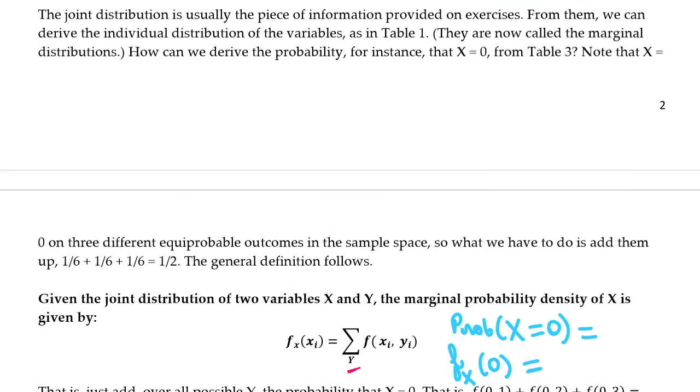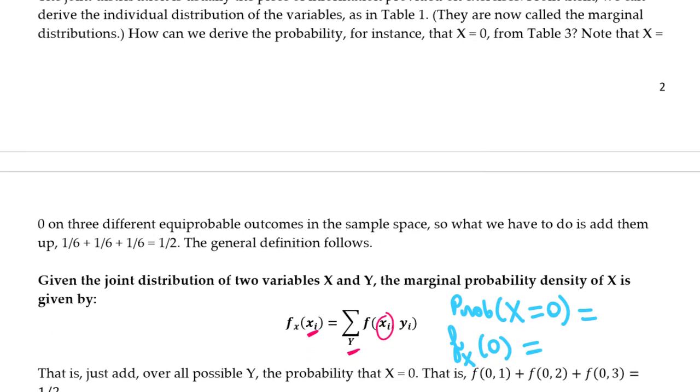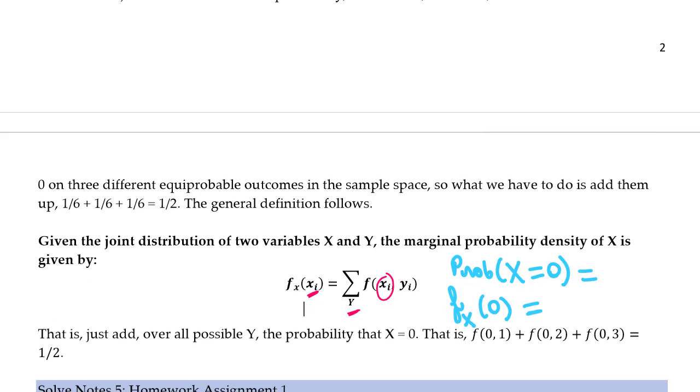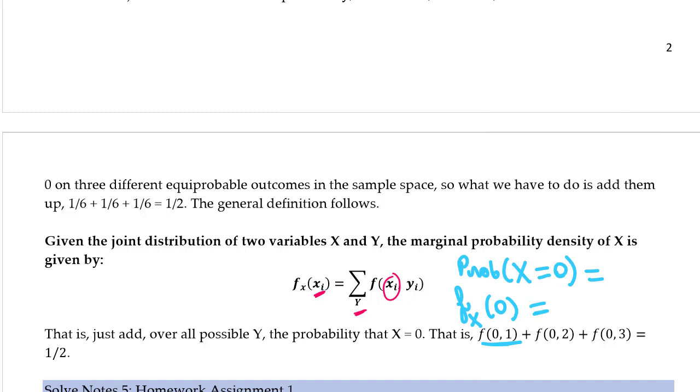I am adding for different y's, keeping my x_i fixed, whatever is here. So in my example, my x_i equals 0. So I'm going to keep 0 fixed, but keep adding the j's. So what we have here is f of 0, 1. That's the first term of the summation. F of 0, 2. That's the second term of the summation. F of 0, 3. That's the third term of the summation. Fix x, adding across j.